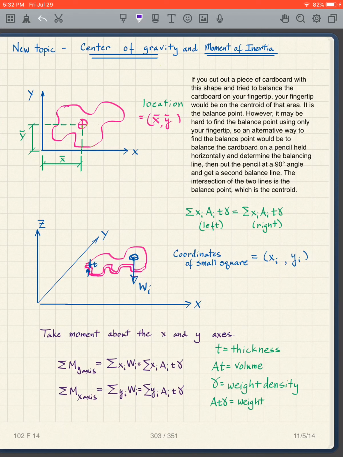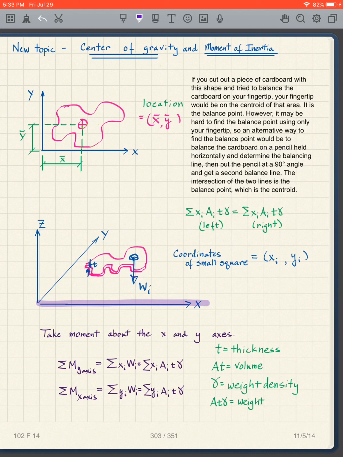If I take moments about the y-axis, that moment is perpendicular distance times force. The force is the weight of this one point. The perpendicular distance is that distance right there, which is my xi. So if I take xi times wi, that is going to give me the moment caused by the weight about this y-axis.